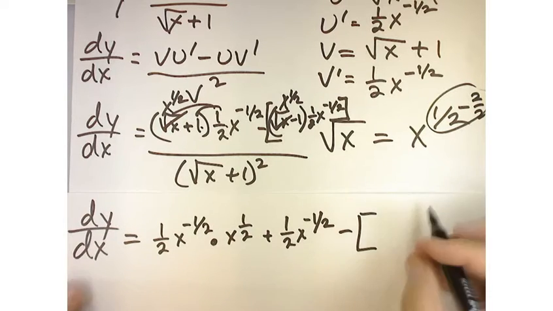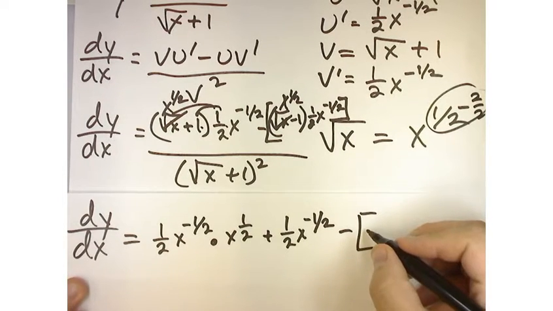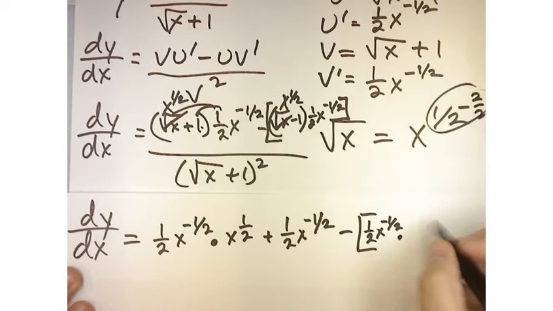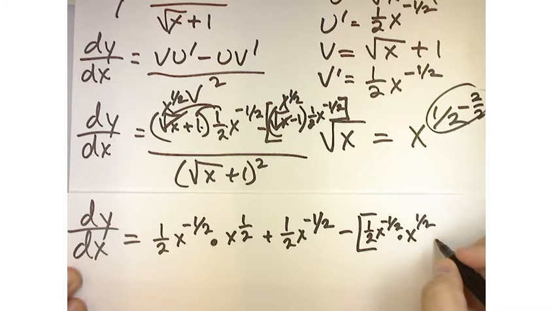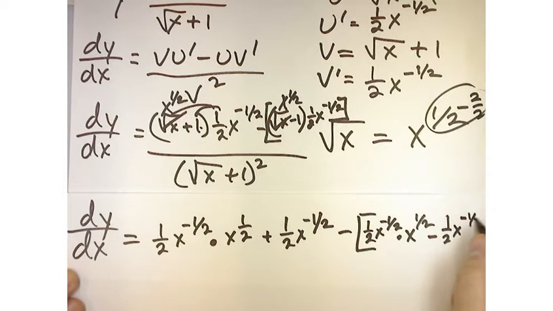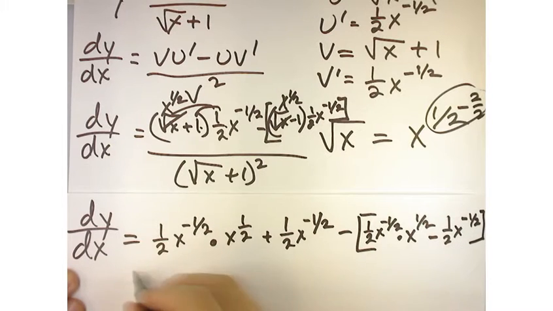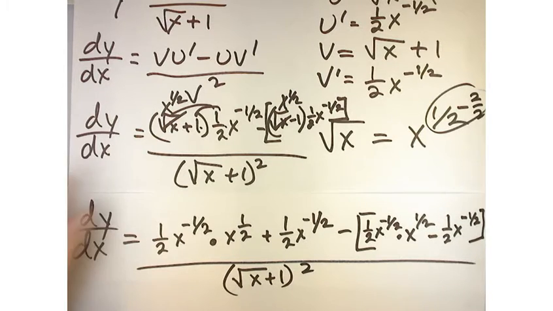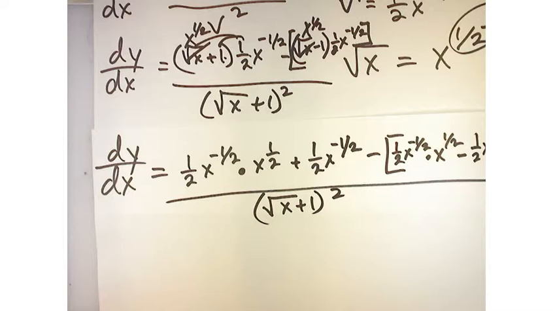Okay. So now I'm going to do that again. I'm going to say 1/2 x to the negative 1/2 times x to the 1/2, and now I'm going to have minus 1/2 x to the negative 1/2 x, all over the square root of x plus 1 squared. Now what's the rule when you have the same base and you multiply? You add the exponents.